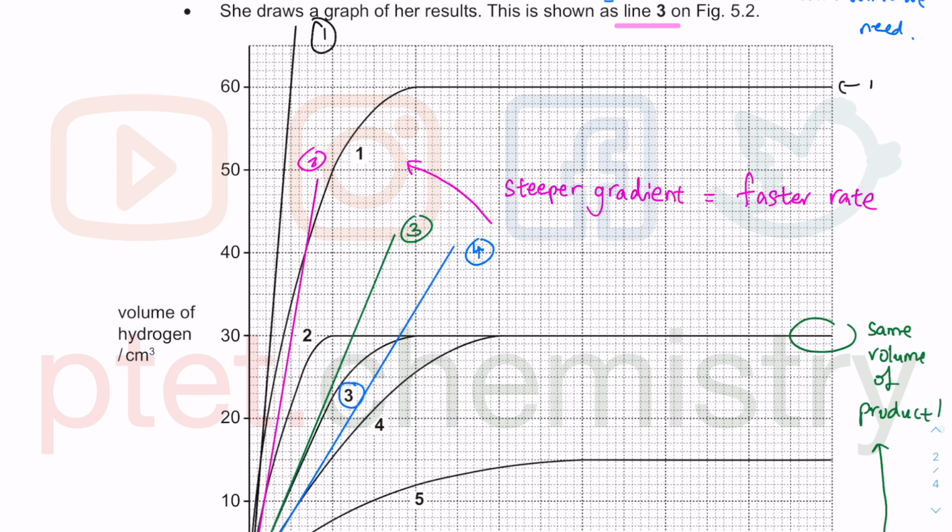So you also get more hydrogen gas product, because you use more concentrated acid. As the acid is totally used up, more concentrated acid gives more hydrogen product. But it's also faster. As you can see, the gradient is steeper. If you compare 3 to 1, it is a steeper gradient. So S-T-E-E-P-E-R. A steeper gradient would mean a faster rate of reaction there.